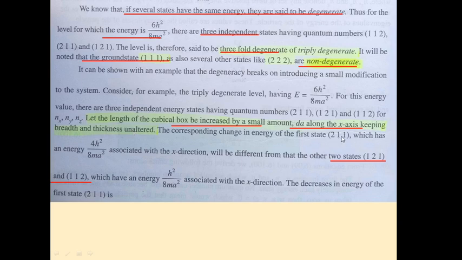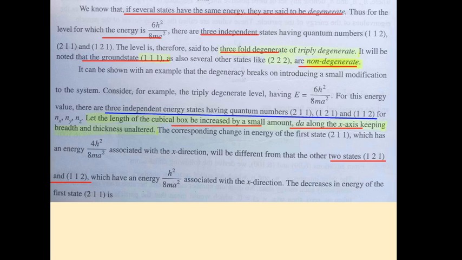Therefore, in this particular state, x is double the breadth and thickness, and the energy associated to the first state would be 4h square upon 8m square, whereas the other two states, that is 121 and 112, have the energy in the x direction of h square. You can look here, these are 3 independent states: 211, 121 and 112.